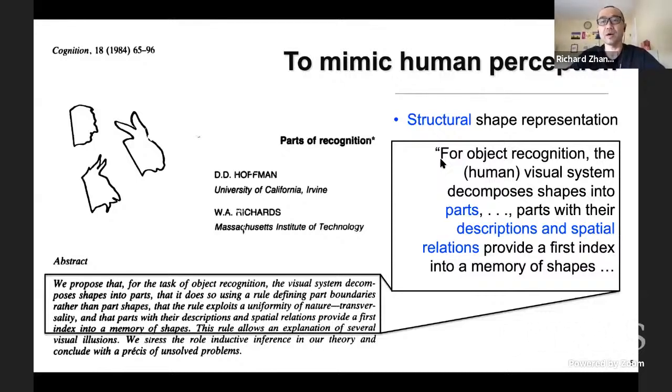It says that for object recognition, the human visual system decomposes the shapes into parts, and the parts with their descriptions and the relations between the parts form at first an index into a memory of shapes. This paper is all about the importance of structures. Structures refers to the parts, their properties, and also their spatial relations. With this in mind, we certainly would like to have a structural representation for 3D shapes.